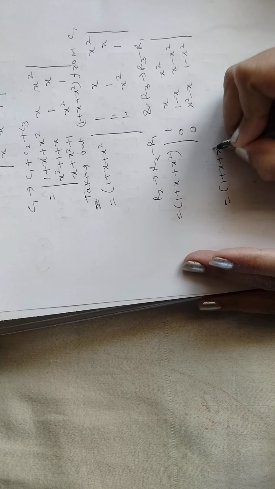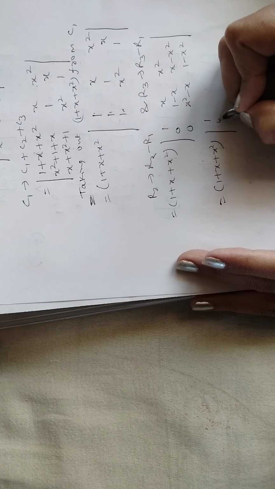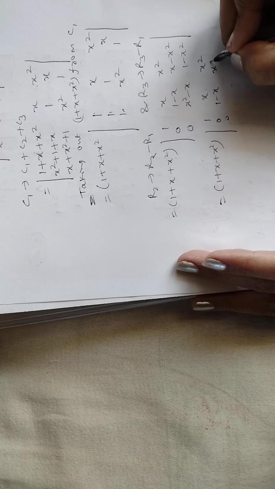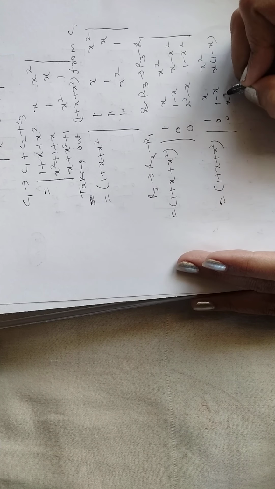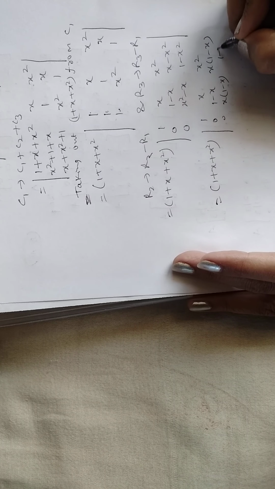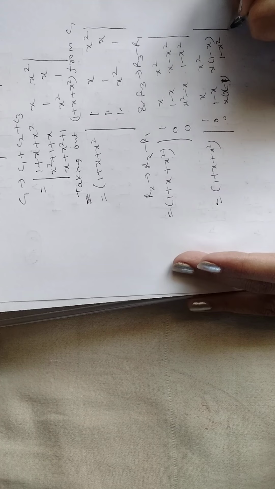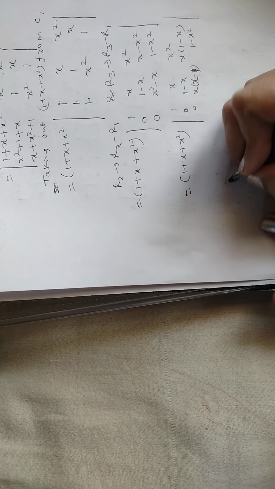So it will be 1 0 0. This is x, you may take common here, x minus 1. Clear?